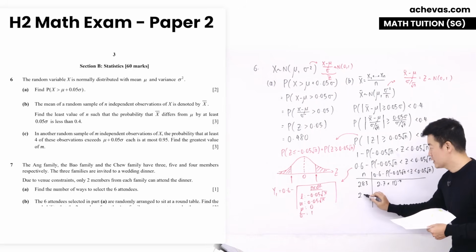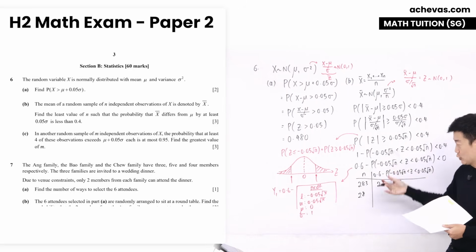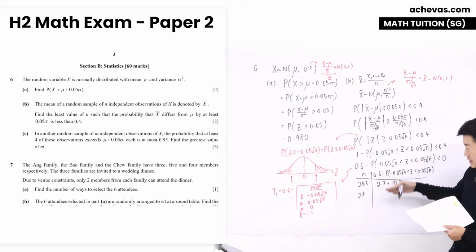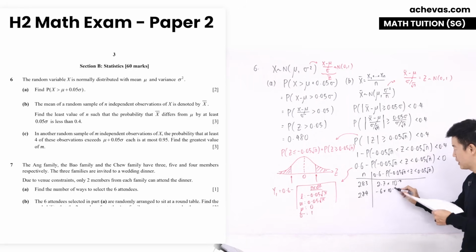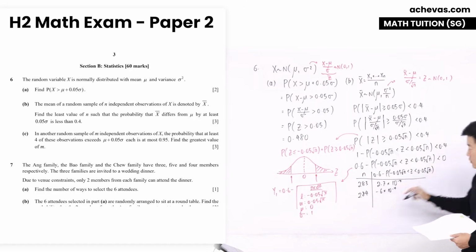So I'll use the table set button on my calculator so that I can go further down the rows of the table. So here, this is negative 6 times 10 to the power of minus 4. This is when this starts to become less than 0.